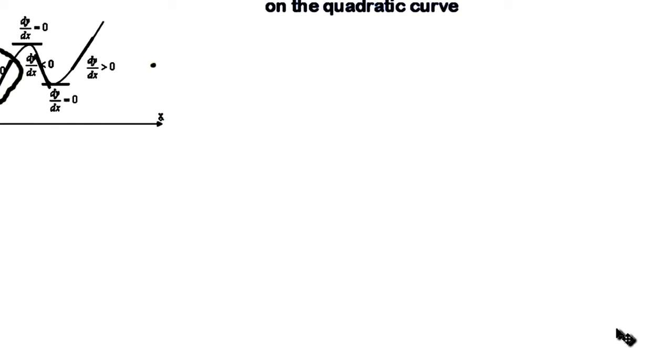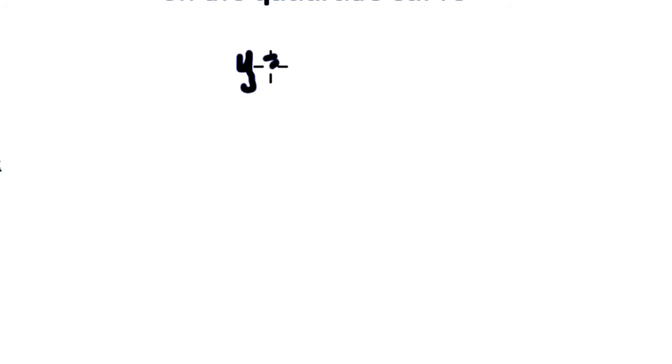Okay, to better understand what I mean, let's do a question. Find the coordinates of the turning points on the quadratic curve. Let's say you have a quadratic curve of y equal to x to the power of 2 minus 4x plus 7.